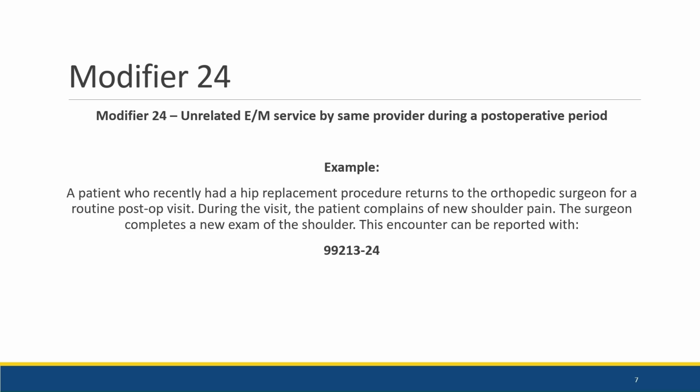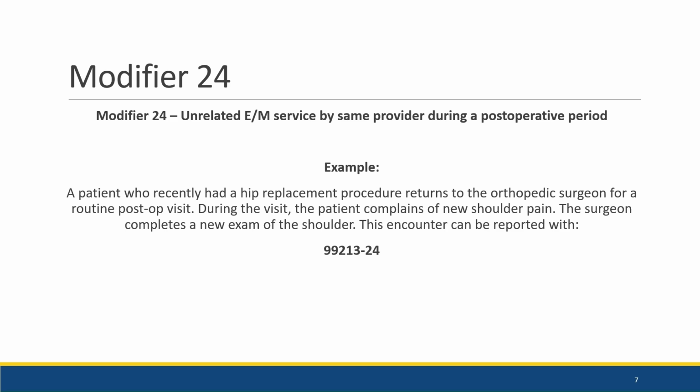Here, because the post-op follow-up visit is not reported for separate payment because it's included in that surgical global period, we only report the payable E&M service, which is the unrelated exam for the patient's new shoulder pain. In order to unbundle this procedure from the global period, we apply modifier 24 to show that this 99213 is unrelated to the hip replacement procedure.